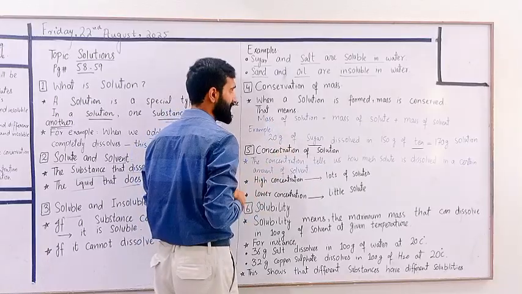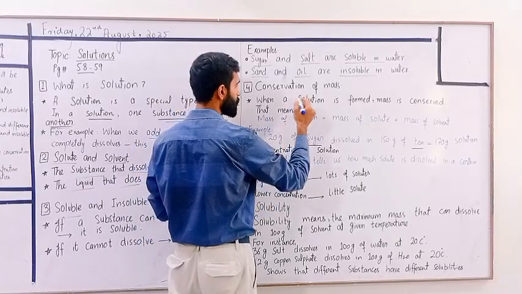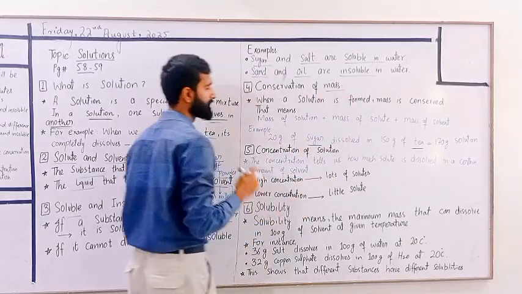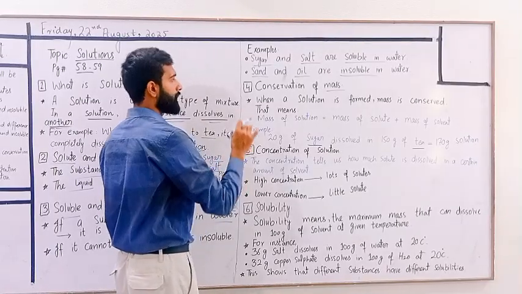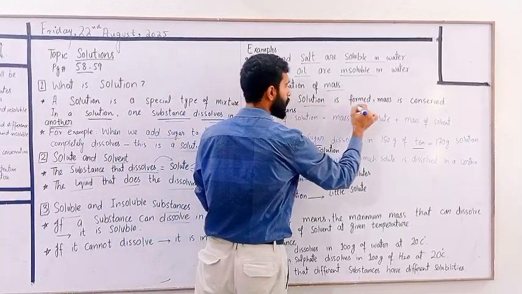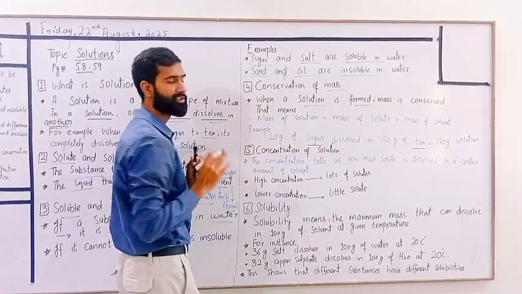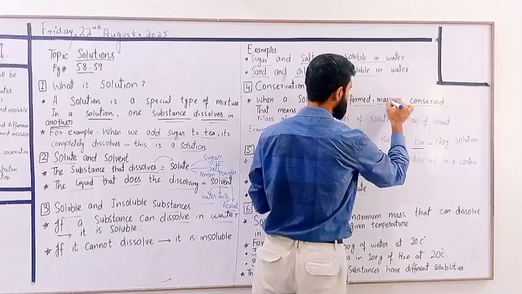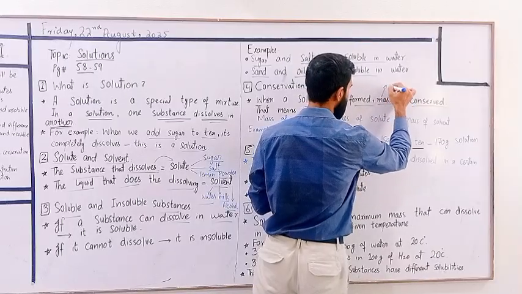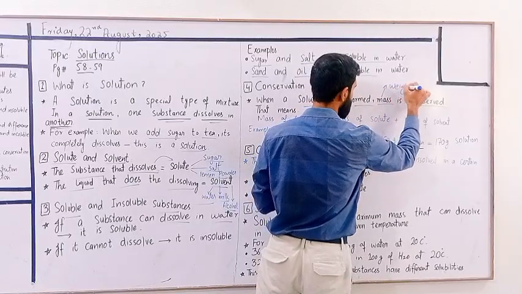Now, dear students, it is time to learn about the conservation of mass. When a solution is formed, the mass is conserved. What do we mean by mass? Mass is the weight of something.